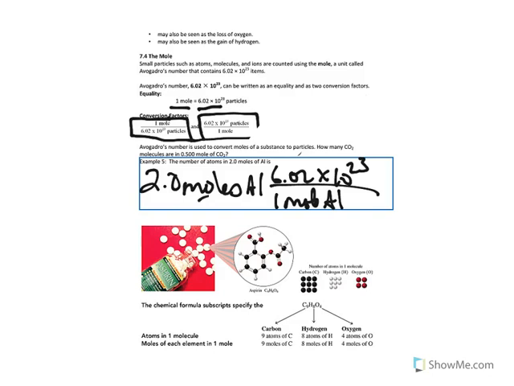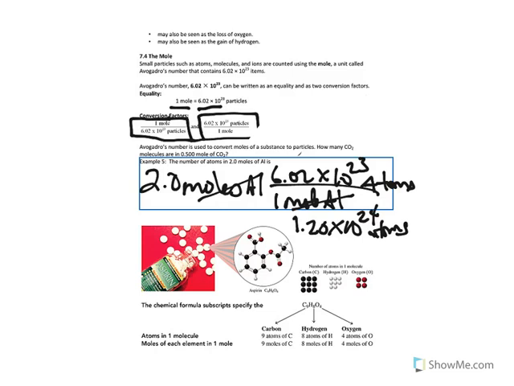So 2 times 6.02 times 10 to the 23rd will tell us how many atoms of aluminum. So let's try that. 6.02 times 10 to the 23rd times 2. In 2 moles, you have 1.20 times 10 to the 24 atoms of aluminum.